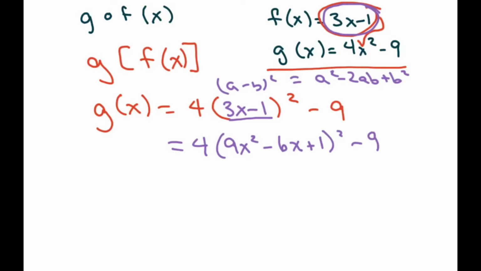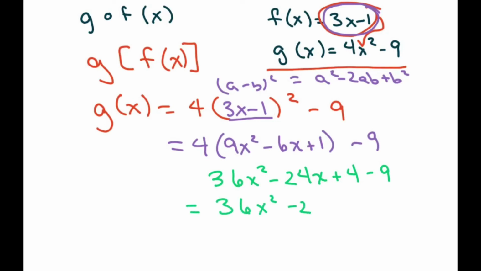Now we're going to simplify this, and there's no more square. Sorry about that. So now we're going to simplify, and this is 36x squared minus 24x plus 4 minus 9. So that's 36x squared minus 24x minus 5.